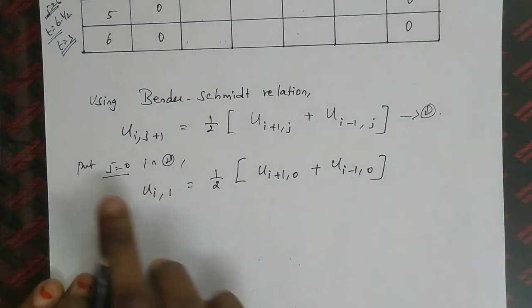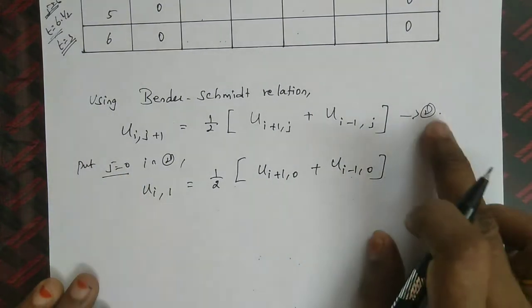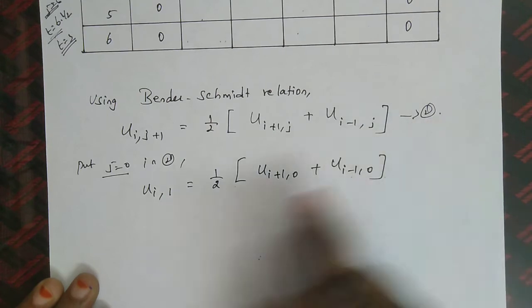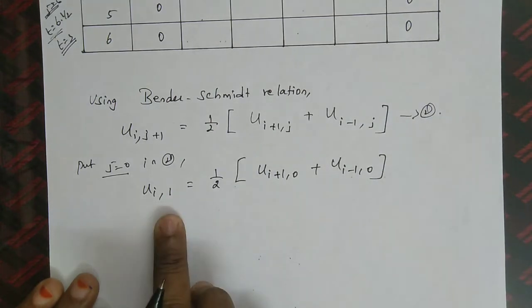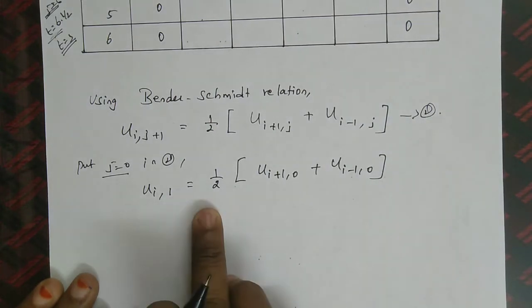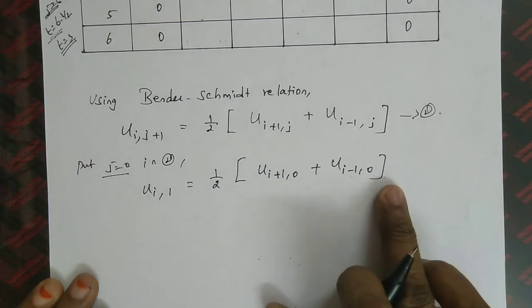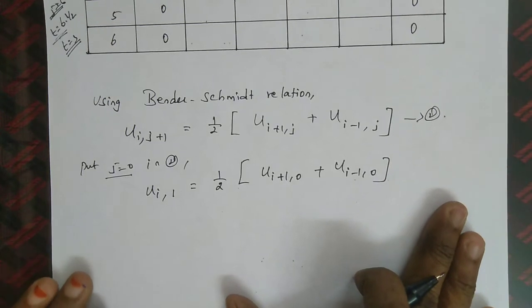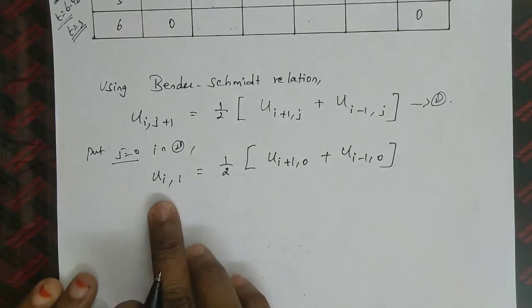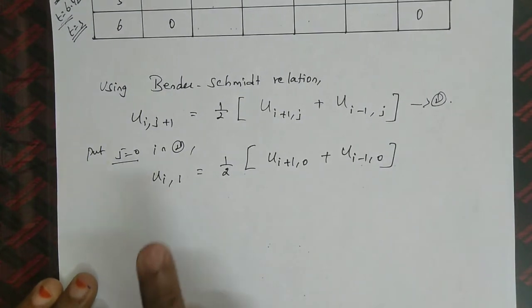Is it clear? After giving the j value, the equation reduces to u of i comma 1 equal to 1 by 2 times u of i plus 1 comma 0 plus u of i minus 1 comma 0. After this we give values for i equal to 1, 2, 3, 4.